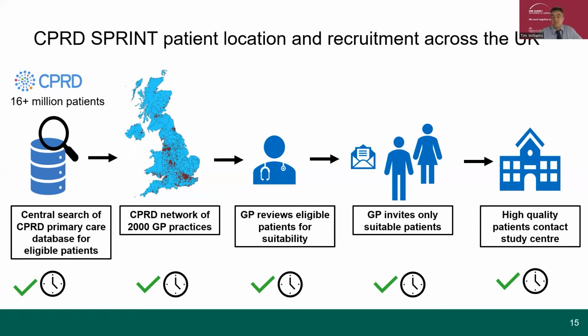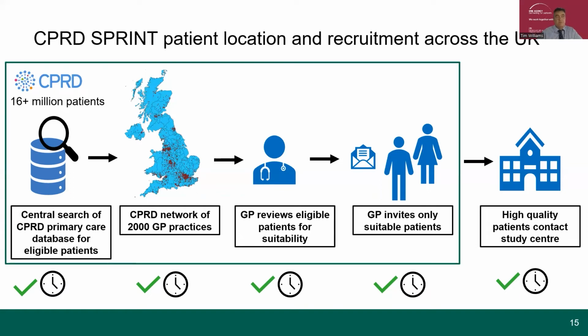Now, this could be a letter, it could be an SMS, could be an email, and those patients are then contacted and invited into the trial, which will ultimately result in them contacting a study centre. The bit in the blue box is the bit that we have control of. Obviously, there's a lot less control over whether patients actually respond to these letters, but there are things that we may be able to do in the future to influence that via the GPs themselves.